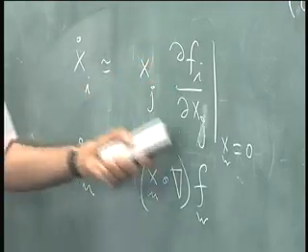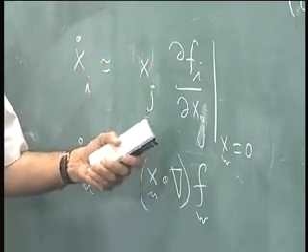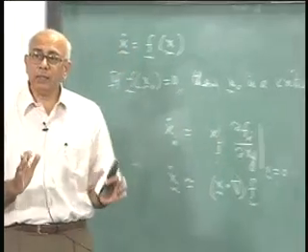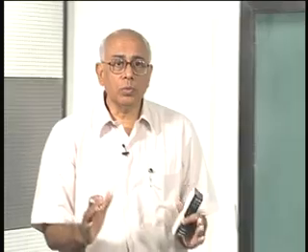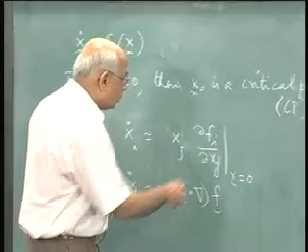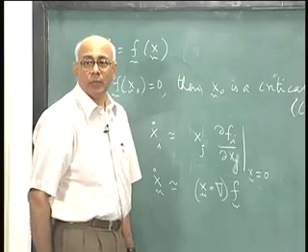So this matrix, this is a matrix because it has got two indices now, that Jacobian matrix you should assume is not singular, because if that is singular then you have a higher order critical point and things become more complicated. So the initial assumption is that this Jacobian matrix is not singular.